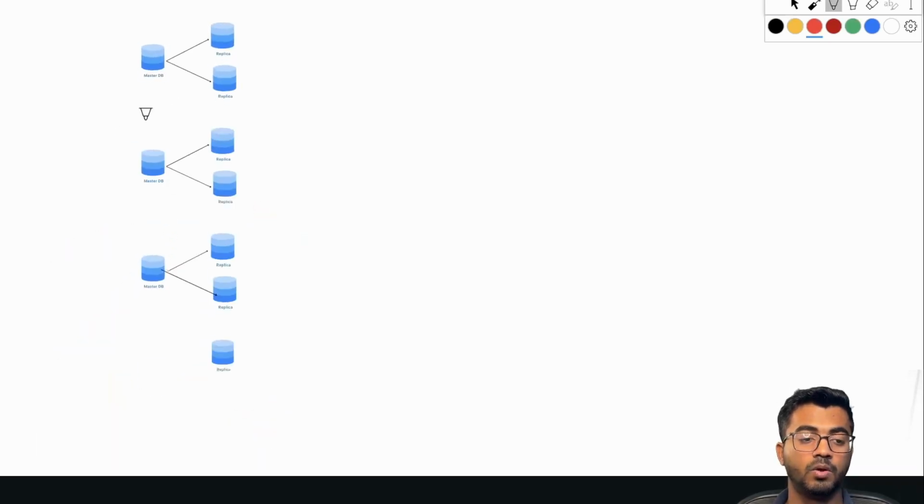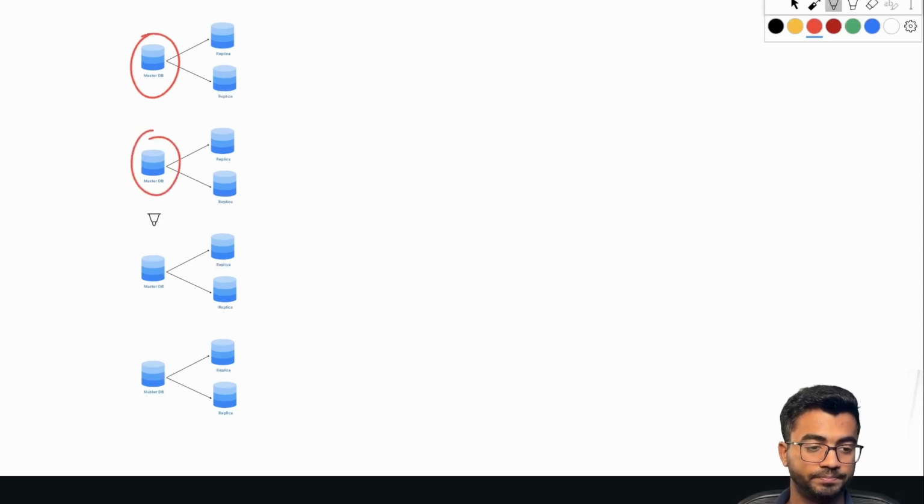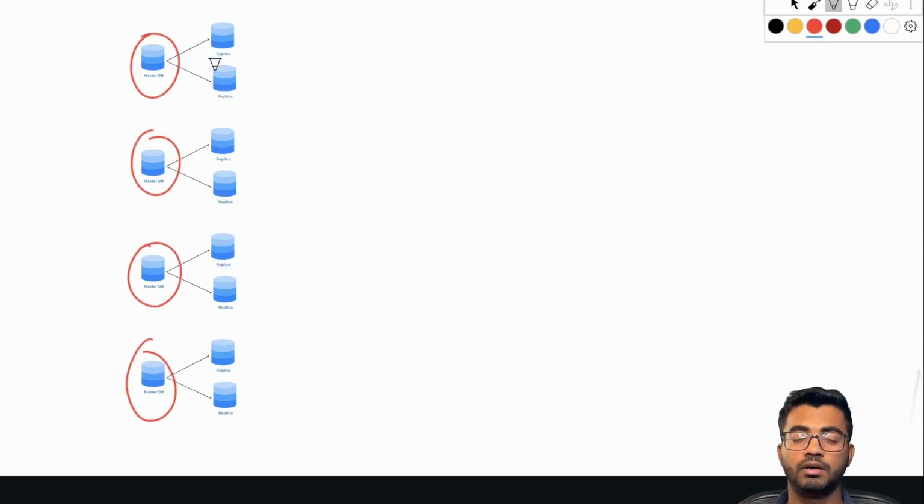That is when we build a system where we have multiple master databases in place. So now we have multiple masters and multiple replicas. But now that we have implemented sharding for the write queries, it's very important for us to handle failures and disasters if they happen.